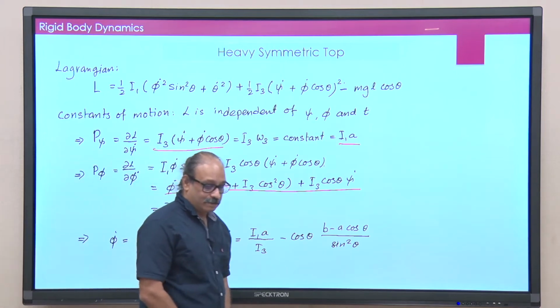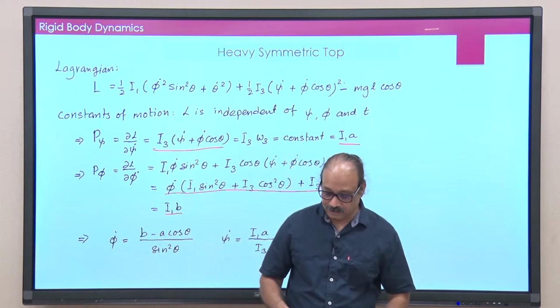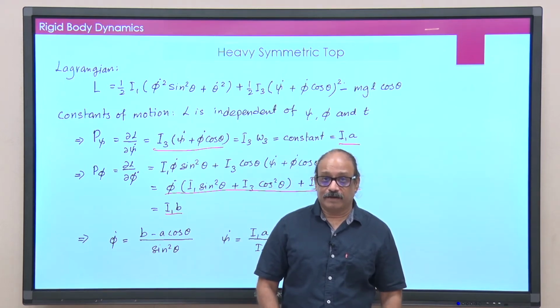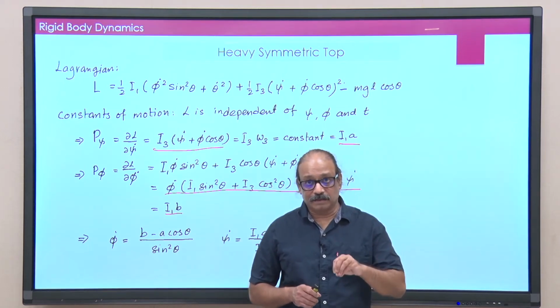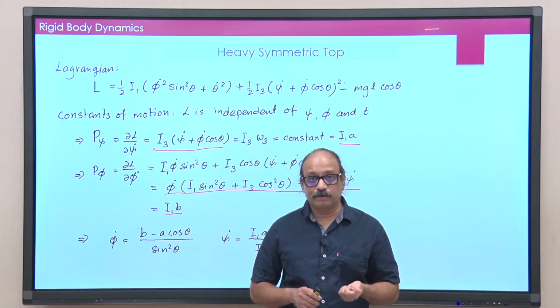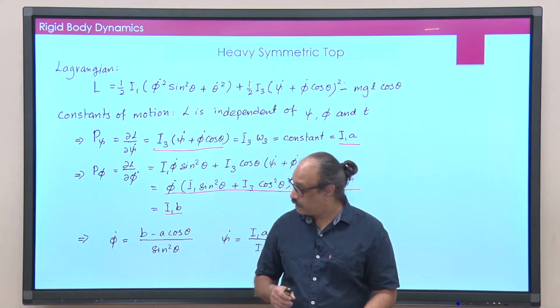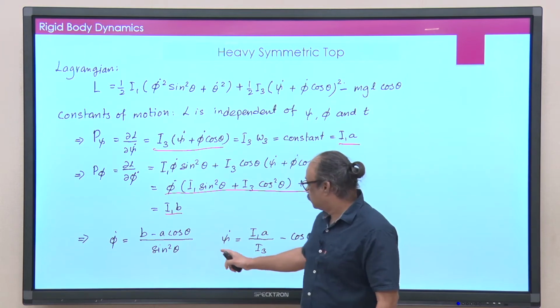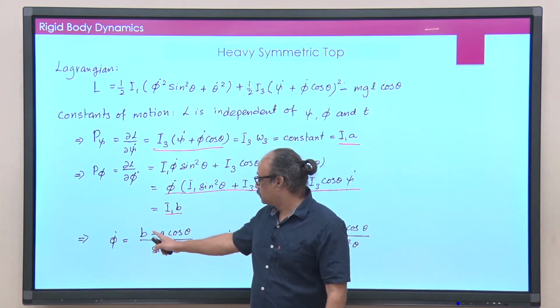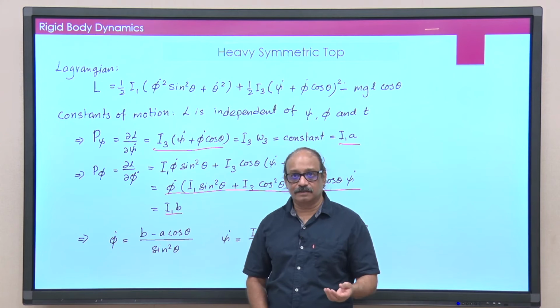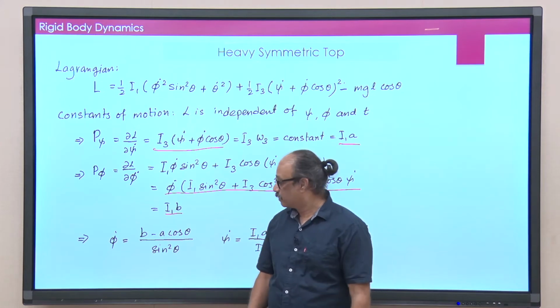Now, you look at these 2 equations. What does this tell you? In fact, if I know theta, I immediately would know phi dot, and I immediately would know psi dot, because other than theta, b and a are constants decided by the initial conditions.